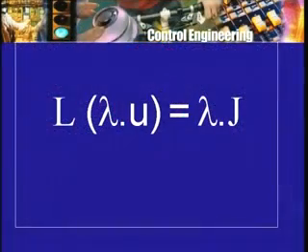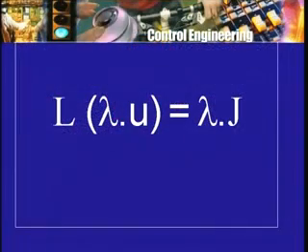So if I have a real number lambda, I can scale my u by this scale factor lambda. For example, lambda may be 10, so I have the function which is 10 times the original function u, or lambda may be 10 raised to minus 3, so I have a function which is an attenuated version of the original function u. So this is referred to as scaling. U is scaled by the factor lambda to get a new function lambda u.